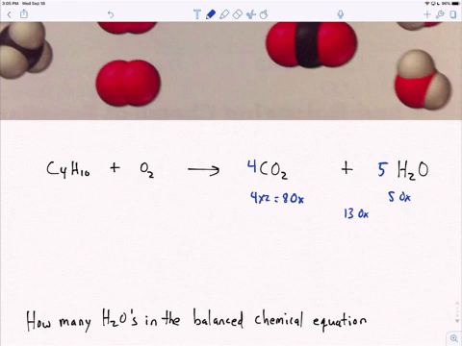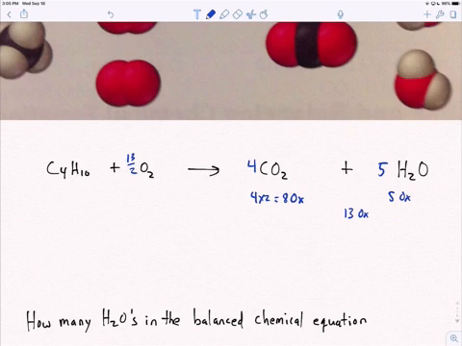And so over here, this would be 13 halves O2. If we have 13 oxygens over here, we have a molecule that has 2 oxygens in it. So I'm putting 13 halves. It's 6.5, whatever you want to put, but 13 halves.